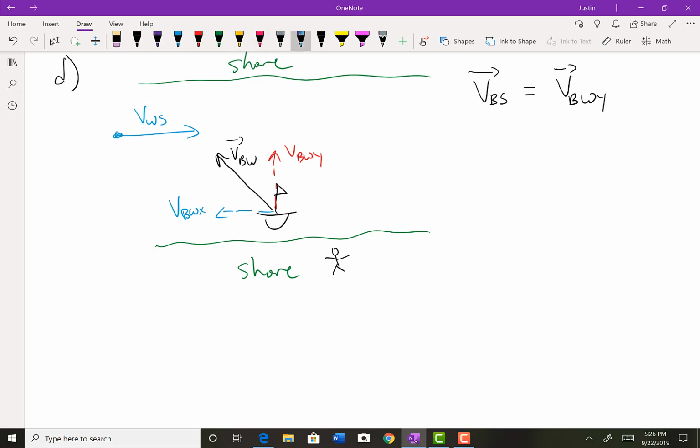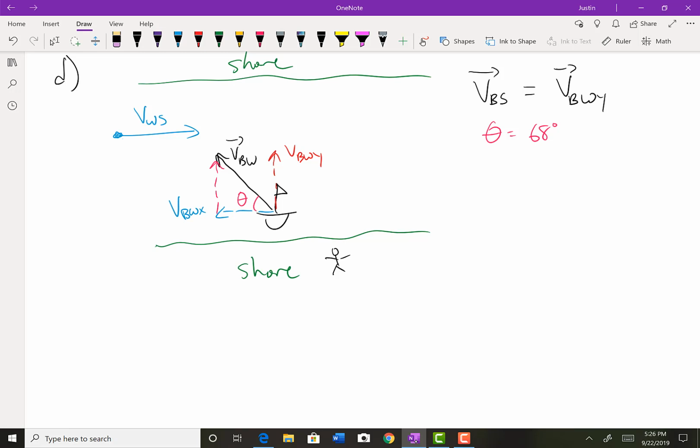Once again, I found this angle theta is 68 degrees. And this velocity along y, you can think of it as being right here as well. As long as the vector points in the same direction and has the same amount, it's the same vector.